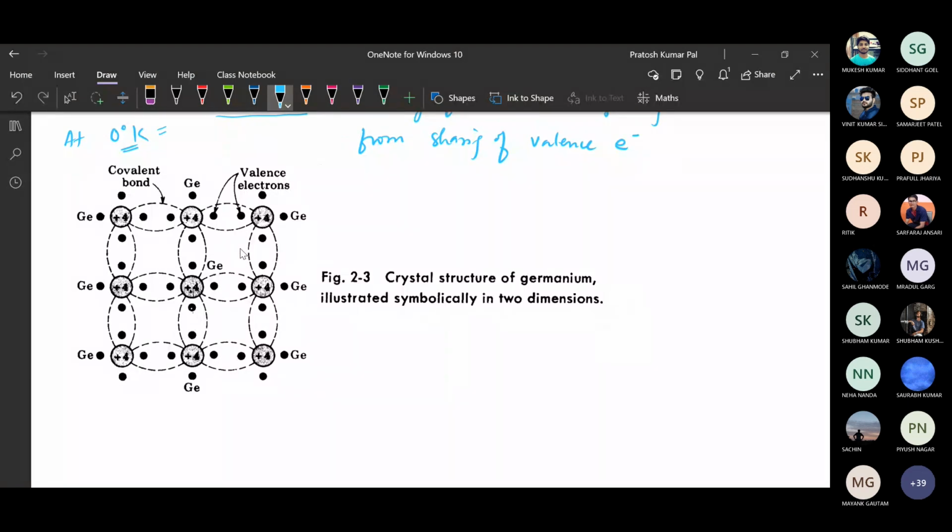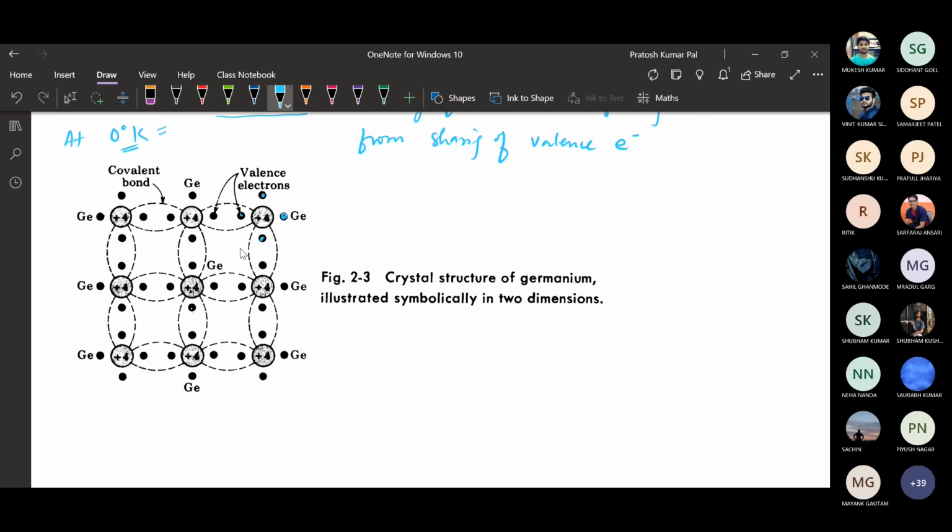Okay, so here the shared valence electrons are basically tightly bound with the nucleus. So this is the nucleus. So these electrons are in close relation with, or tightly bound with, the nucleus. Okay, and also it is shared with the other neighboring atom. So it is not free to move.